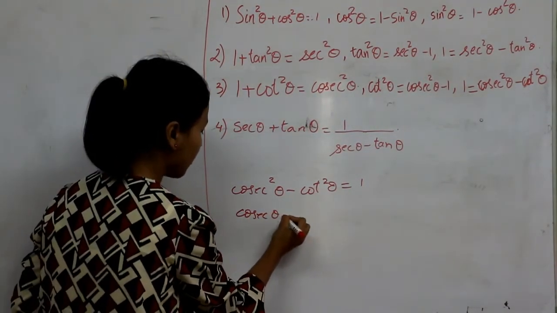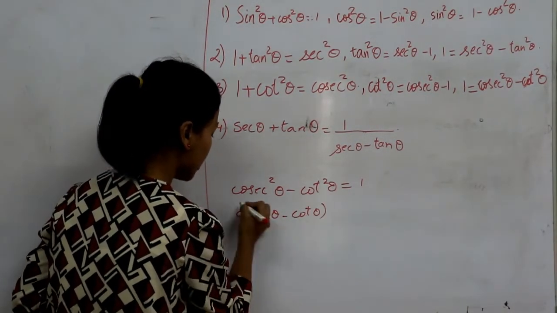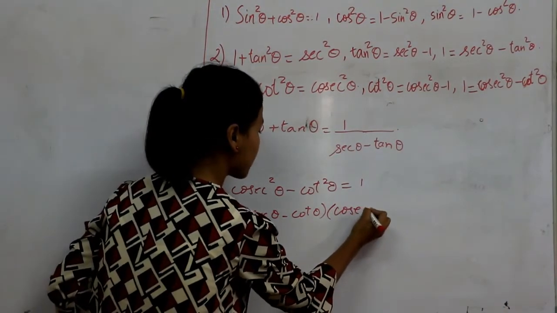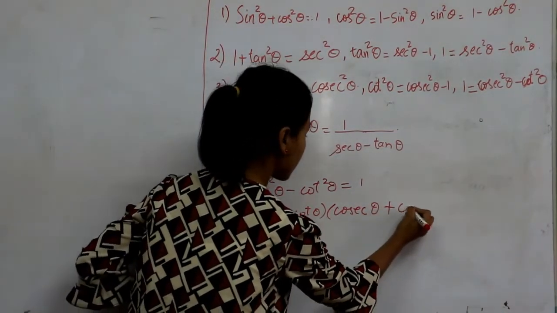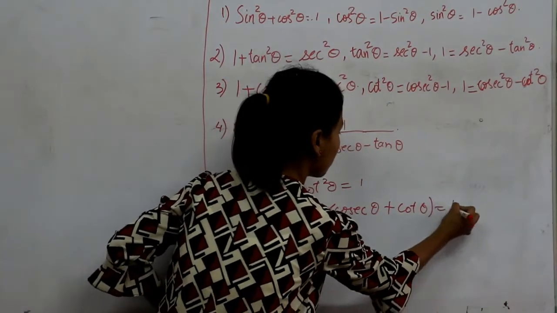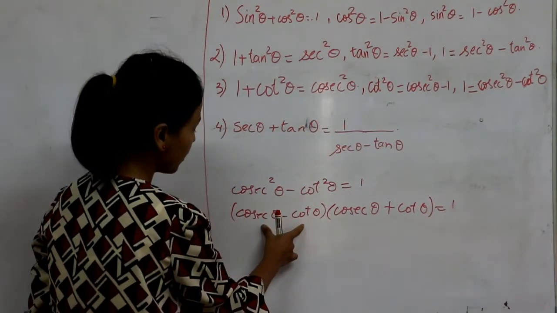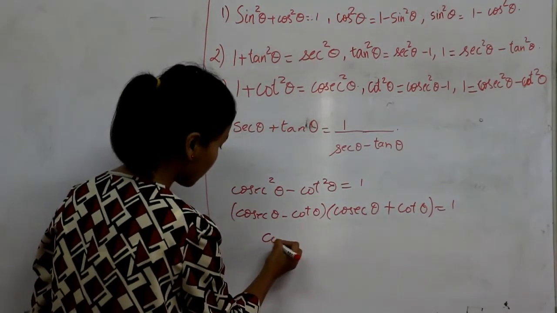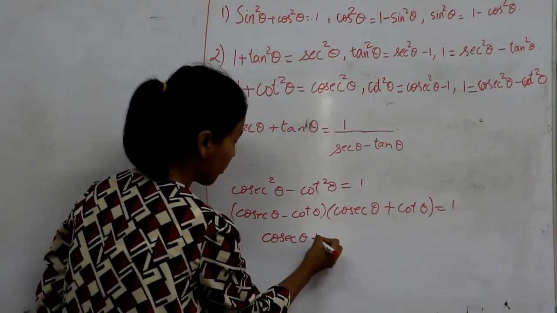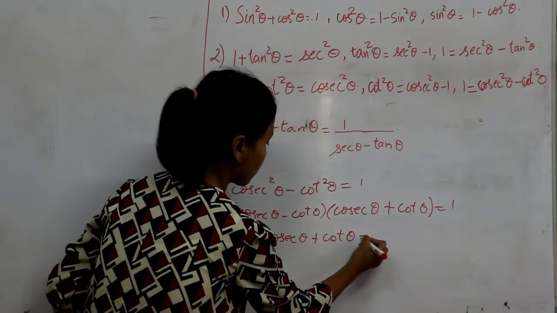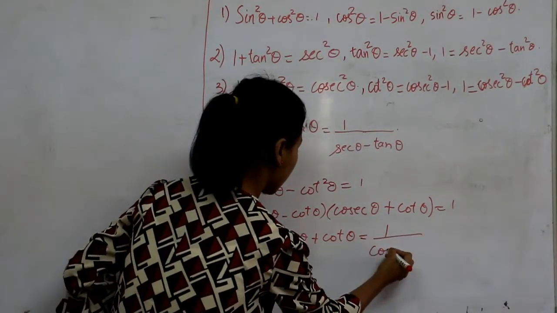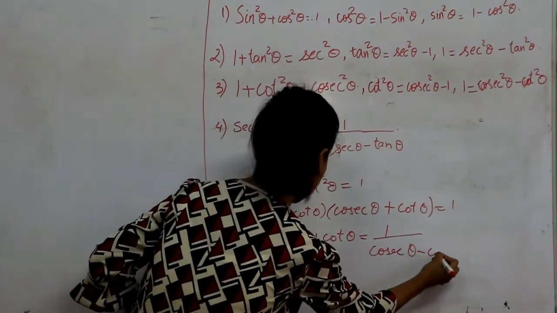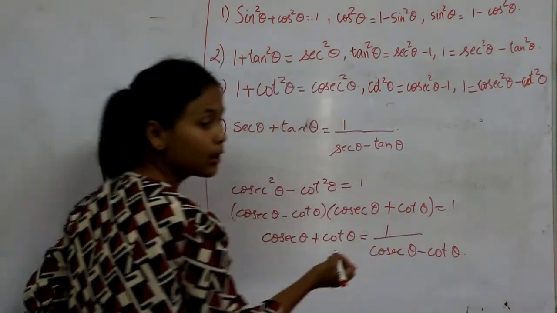Cosec theta minus cot theta into cosec theta plus cot theta is equal to 1. Then carry this cosec theta minus cot theta to the other side. We will get cosec theta plus cot theta is equal to 1 by cosec theta minus cot theta. Okay?